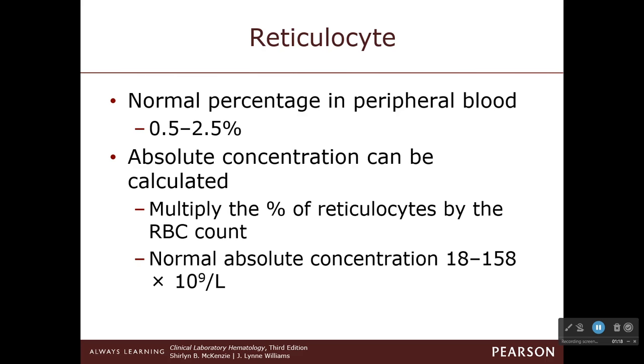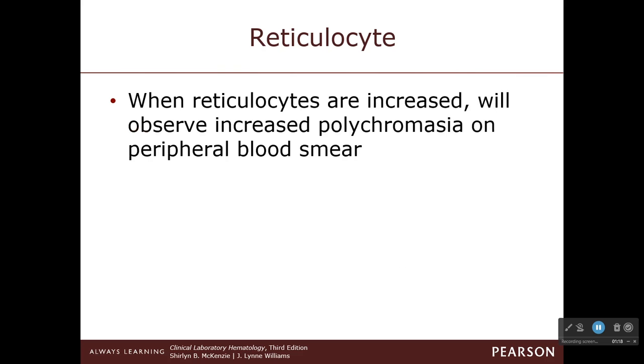Okay, but you can do an absolute count, and we look at it basically as a diagnostic or prognostic tool to see how well iron therapy is doing for people that have IDA.